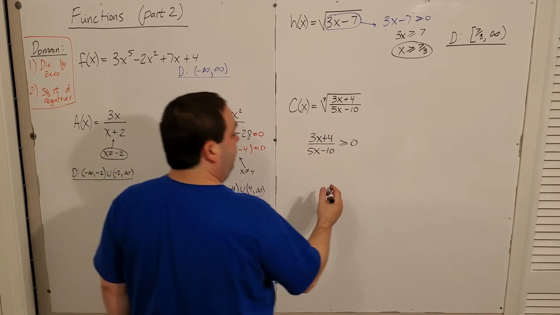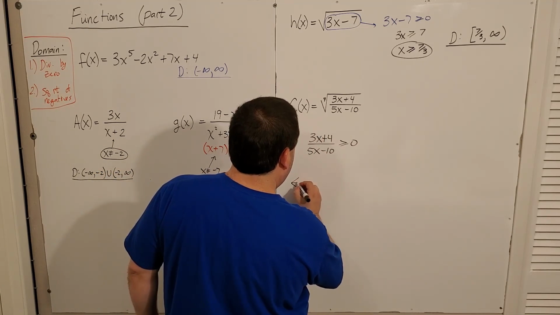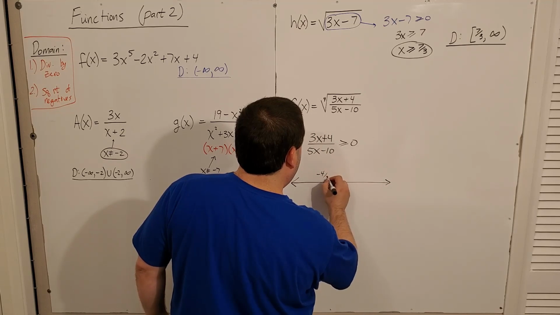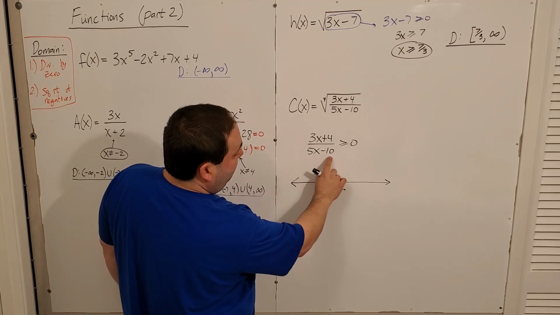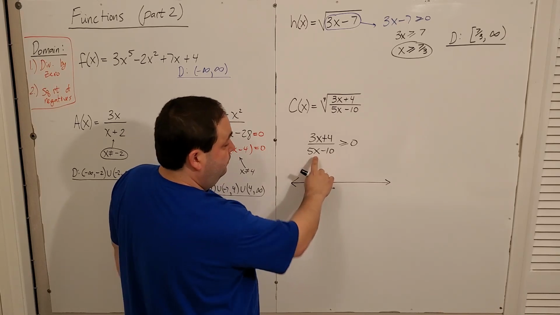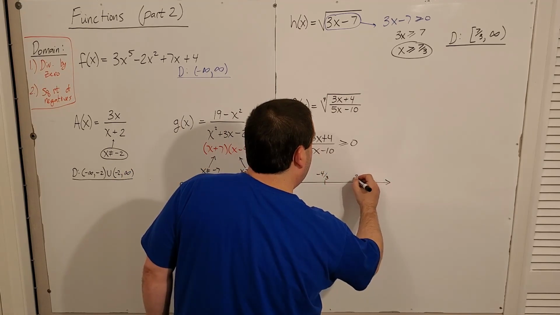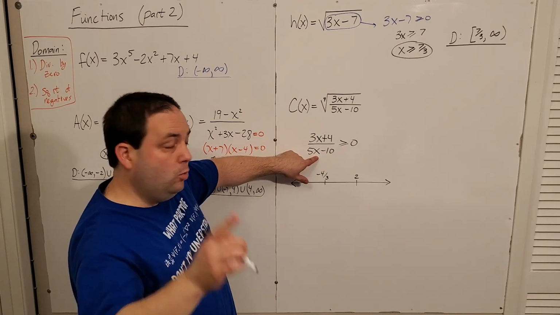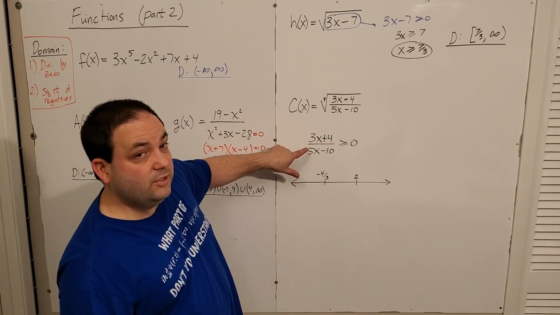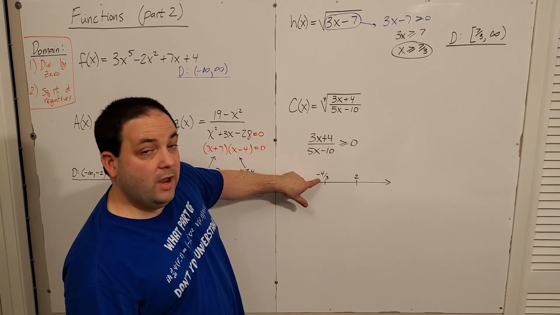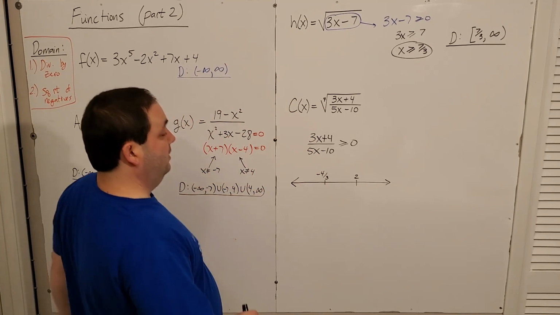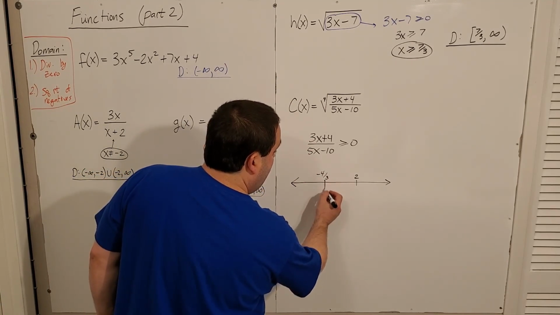So negative 4/3, and then the marker that I would get from this one would be 2. Okay? Also, side note, x cannot equal 2 because that would cause a division by 0. But it's okay for x to equal negative 4/3 because 0 in a numerator is okay. All right, so then I've got my little sections.